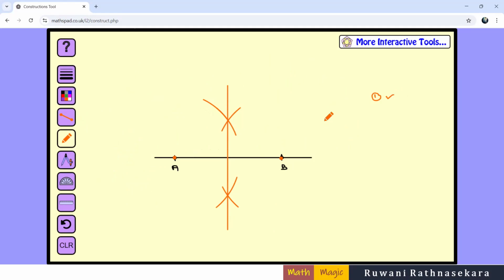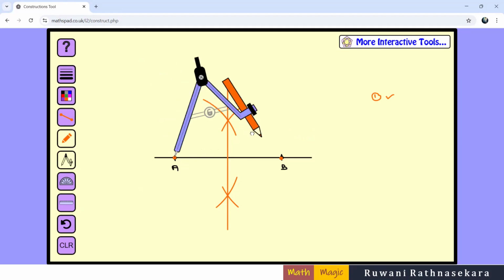The second condition is that it should be 4 meters away from A. A is a single point. The locus for a single point is an arc or a circle with the relevant radius. Since that point should be 4 meters away, you have to draw a circle with the radius of 4 meters. We can't measure even 1 meter, but this is a body estimation based question.